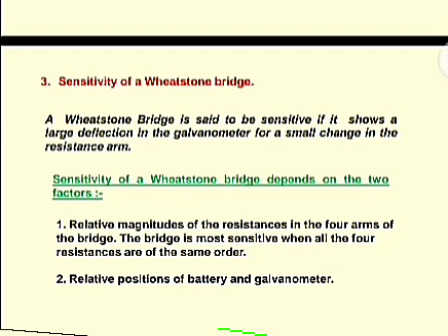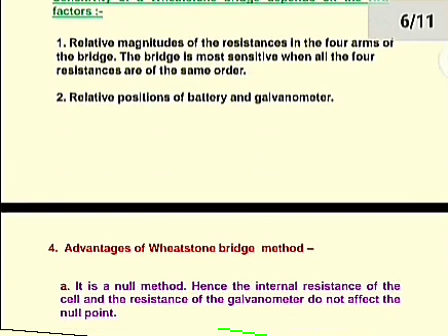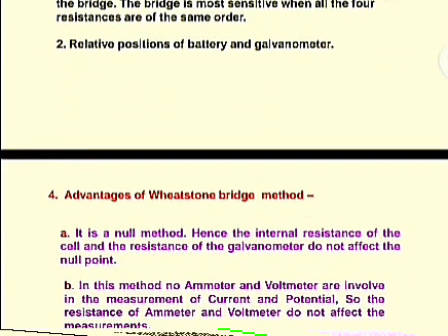Now the question arises, what's the advantage of this Wheatstone bridge method? Dear students, the Wheatstone bridge method works on the null method. Hence, the internal resistance of the cell and the resistance of the galvanometer do not affect the null point.